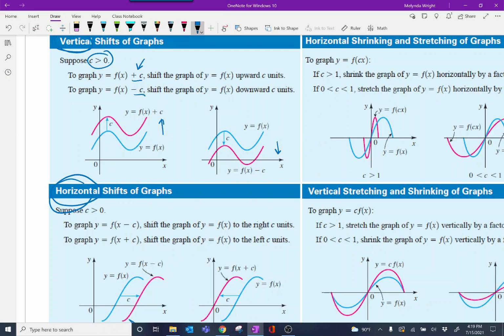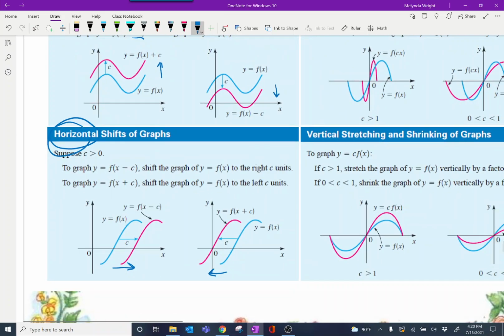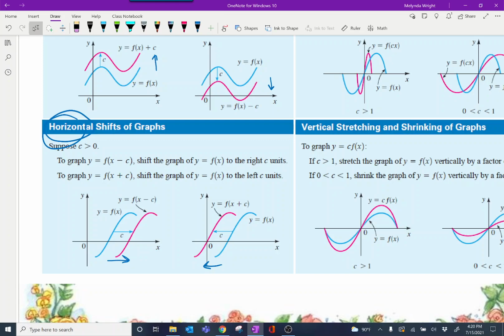If you subtract the number, you shift down. For the horizontal shifting, it's really opposite, which is very, very strange. The number is inside with the x, and if it says x minus c, then you're going to go right. And if it says x plus c, you're going to go left, which I know is very strange. We'll look at some examples of all of these.